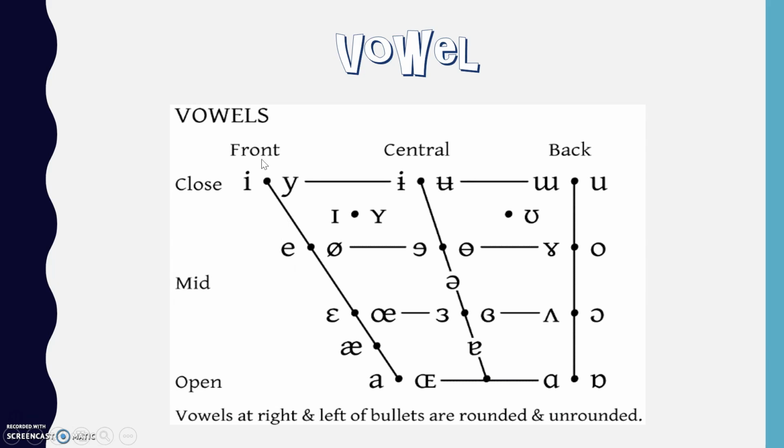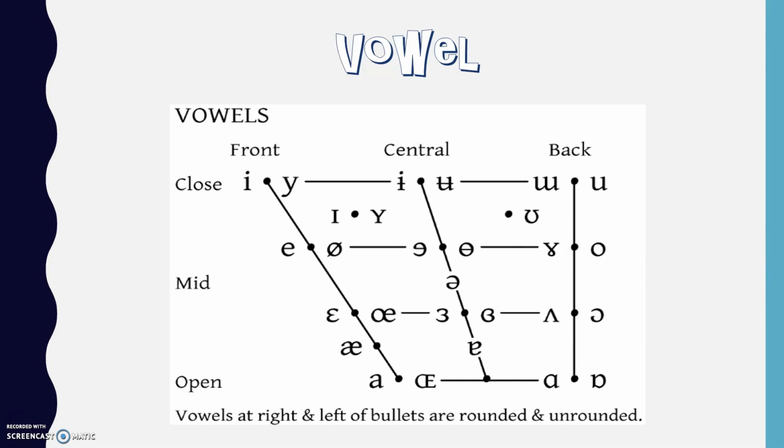Look at this picture. These are the vowels I, U, A, O, and A. In this picture, you can see front, central, and back, and close, mid, and open. What I said before is the position of the tongue.